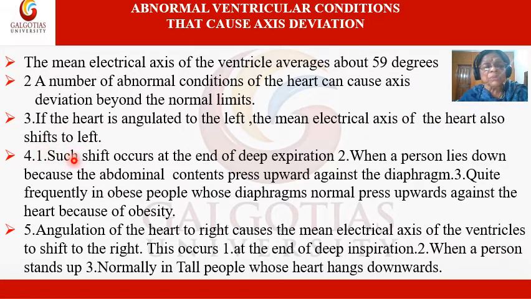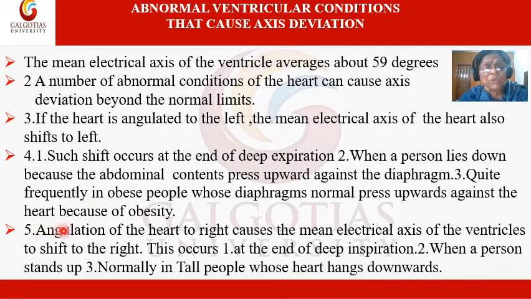Such shifts occur at the end of deep expiration or when a person lies down because the abdominal contents press upwards against the diaphragm, and it is quite frequently observed in the obese people whose diaphragms normally press upwards against the heart because of obesity.